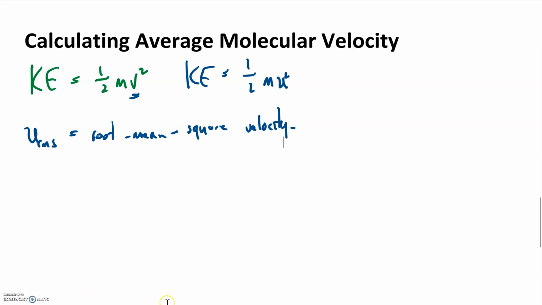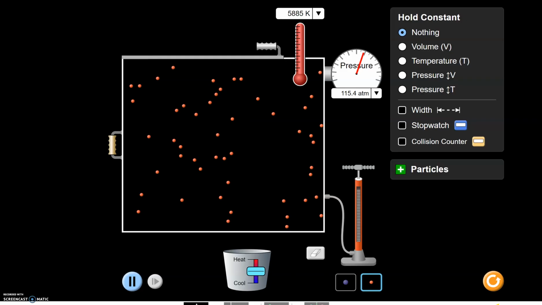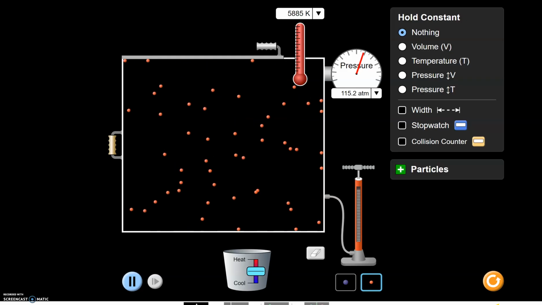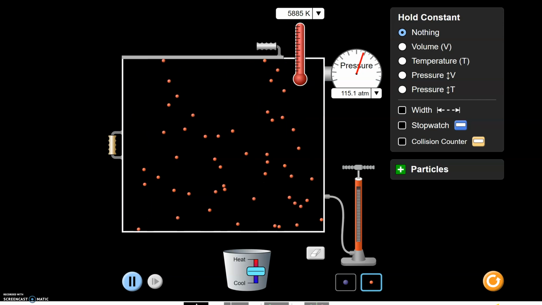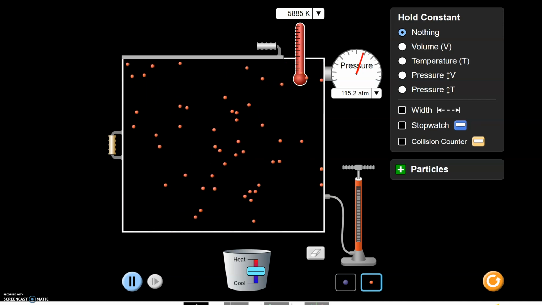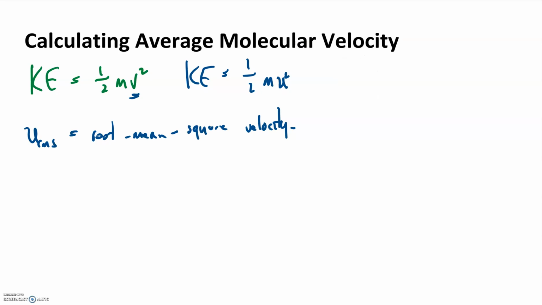Because if we look at this particular sample, it's pretty obvious that different molecules are moving at different speeds. So this is going to calculate what we're going to call the root mean square velocity. It just means the average velocity of particles in a gas at a given temperature. And so it's going to work like this.